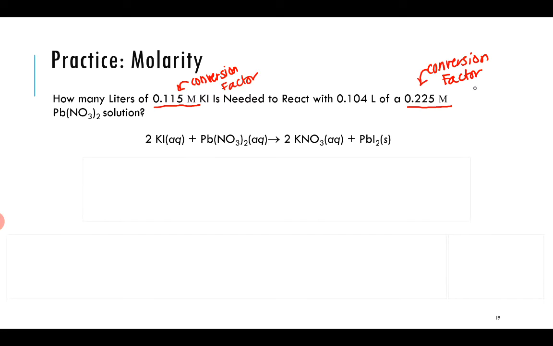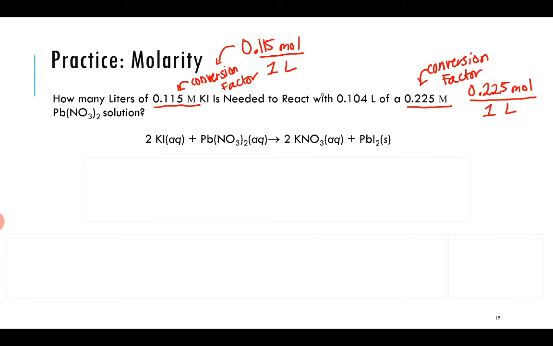And so when we turn that into a conversion factor, it looks like 0.225 moles per 1 liter. And this is 0.115 moles per 1 liter.